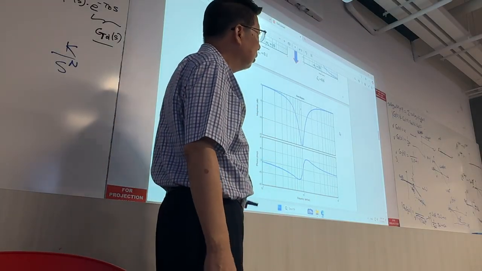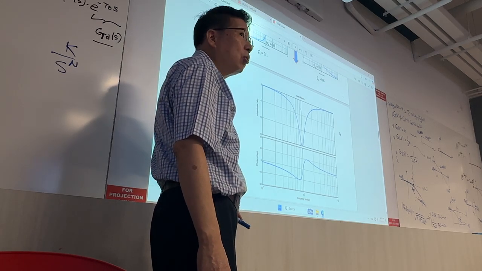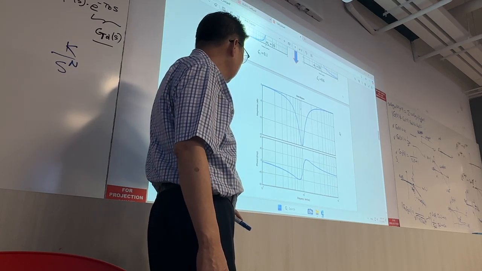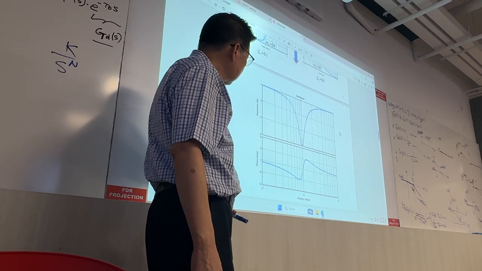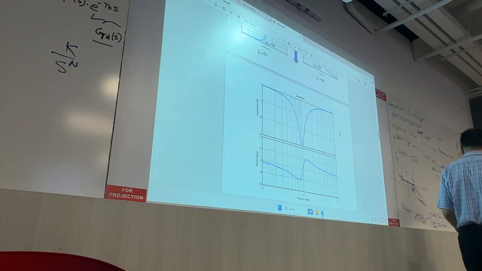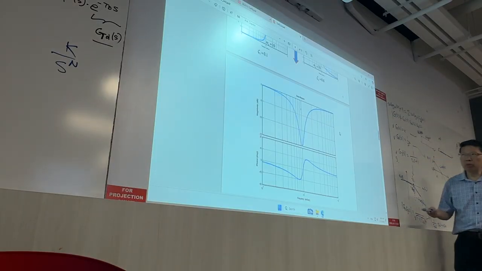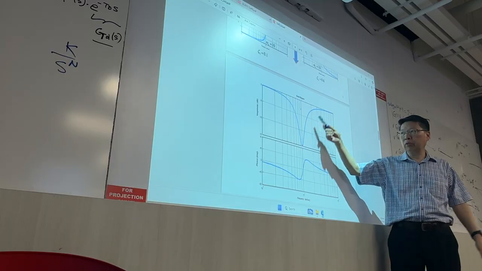Minus 15 is 0.2 or something like that. And for the phase, you add them together and then that will be. But in this particular case, what is important is the magnitude. Okay.